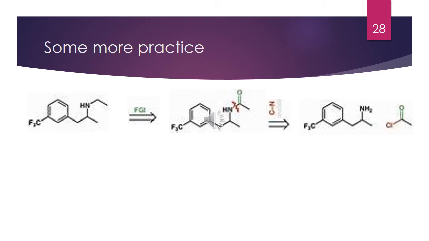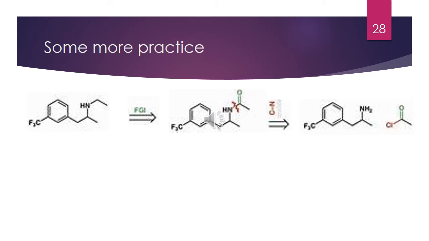If we have to disconnect that, before that we will have to carry out the FGI, right? Suppose next to this nitrogen is a carbonyl group, so suppose this ethyl has been derived from a carbonyl group.